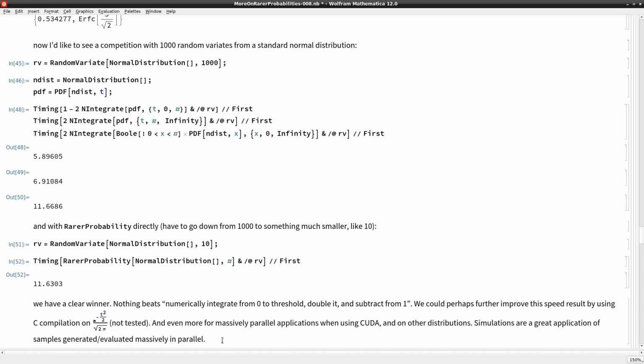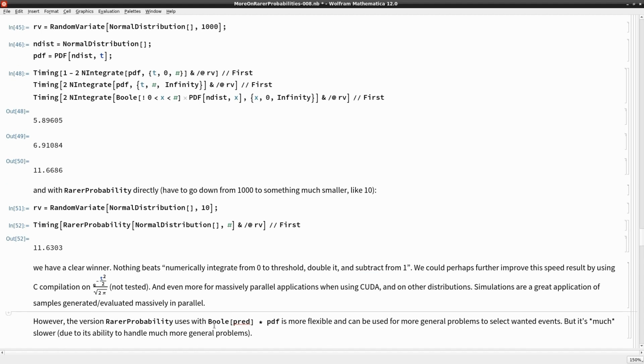So CUDA would be another version to speed this up by magnitudes, but for that we really would need a massively parallel application for this. Everything I've shown you so far was not parallelized. Everything here was single-threaded. So there are additional ways to speed this further up. I believe with C compilation we can make it even faster. And when we need parallel samples, we would use CUDA.